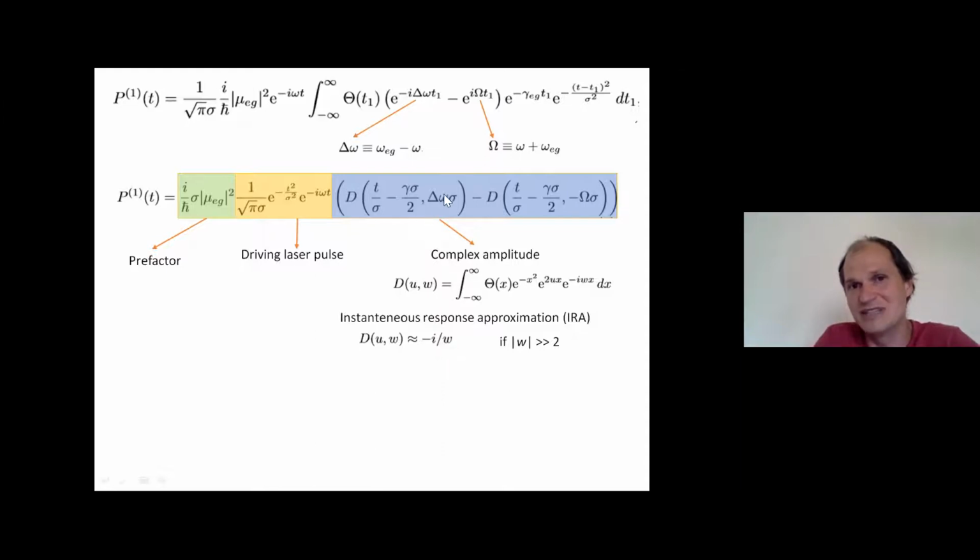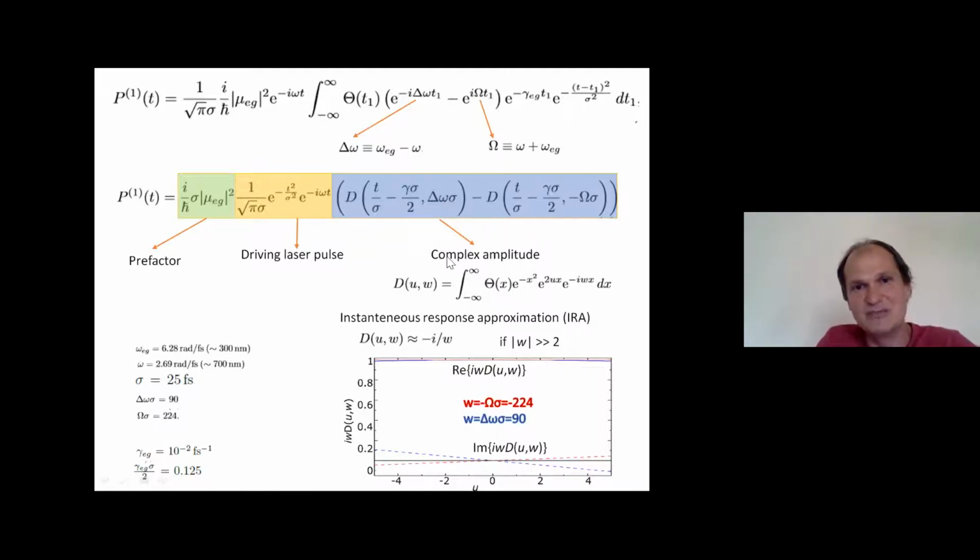I can show you it's true, because if you put some reasonable numbers in, so transition frequency 300 nanometers, laser frequency 700 nanometers, and 25 femtoseconds as the pulse length, these two numbers are high, it's 19 to 124, and it's plotted here.